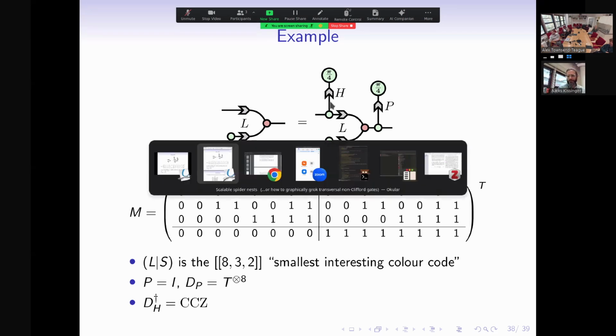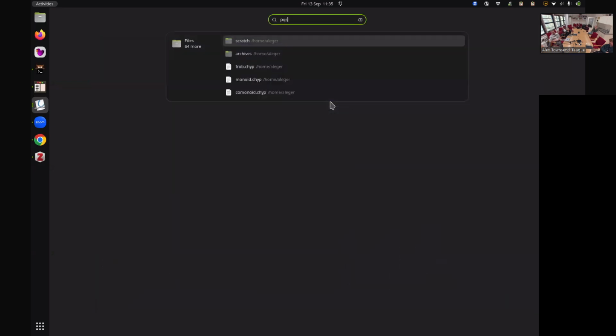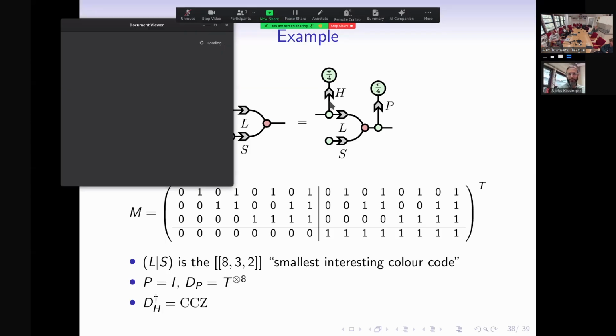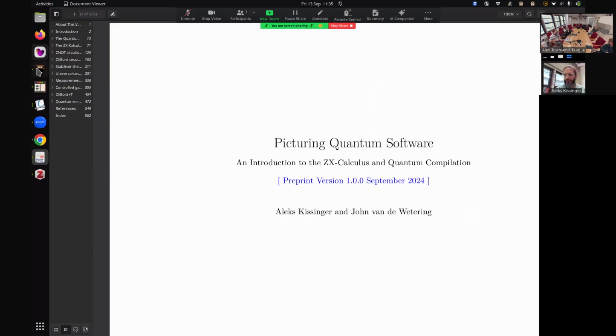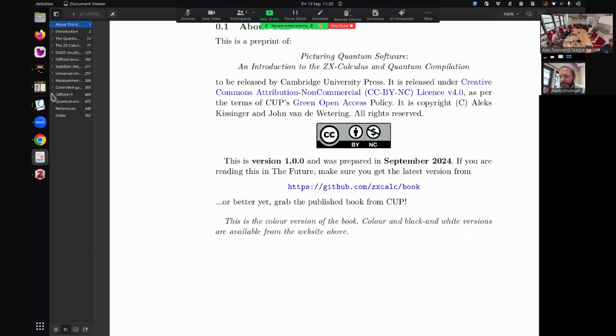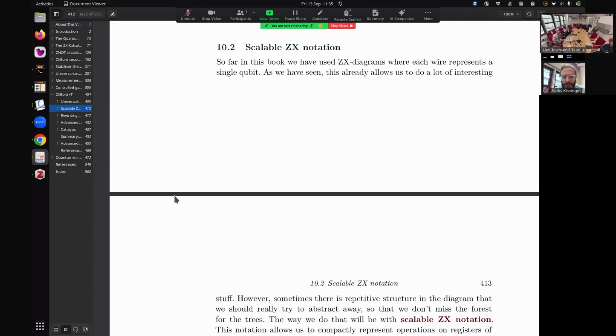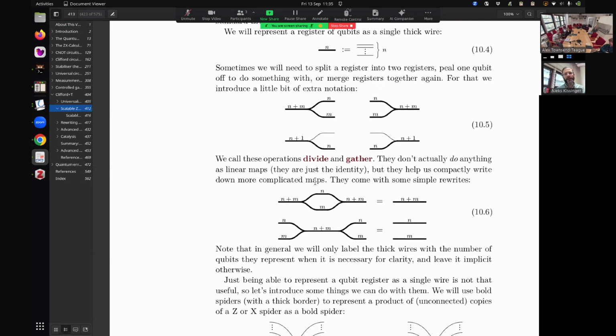I don't want to take too long here, but maybe I can show you a picture that's interesting. In the scalable notation, there's a way I can peel off some wires from a register and do some stuff only to these wires. So we've got these peel apart and put back together type of generators.